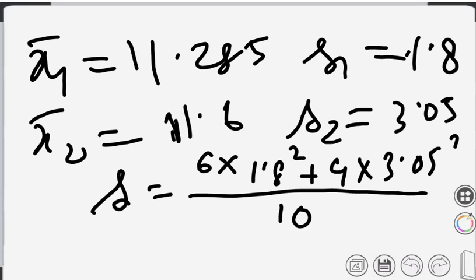That will be the formula for S. So please calculate S. S is 6 into 1.8 square plus 4 into 3.05 square, divided by 10. So that gives you 5.665, 5.66.